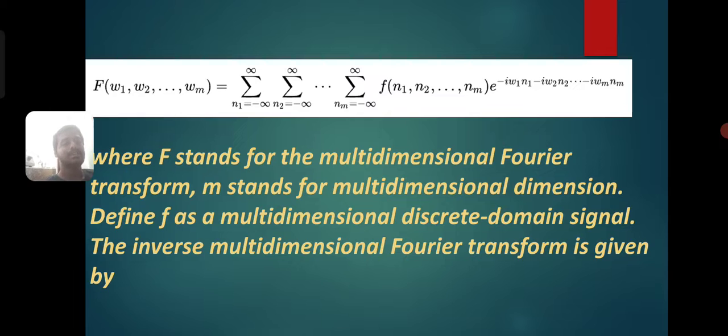Define small f as a multidimensional discrete domain signal.